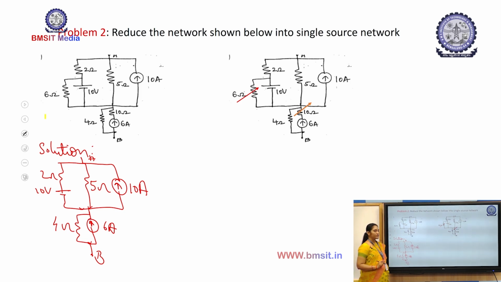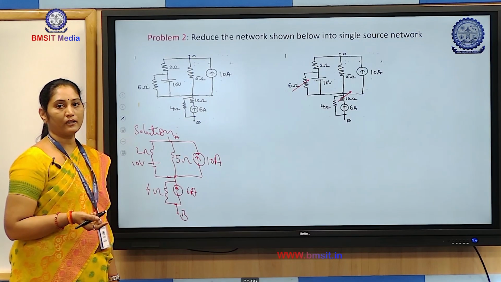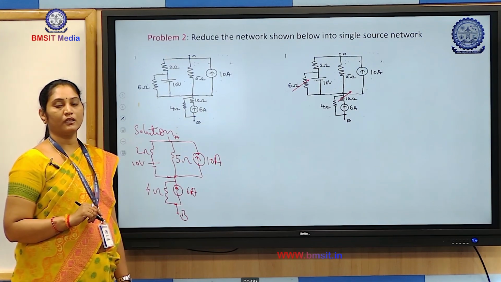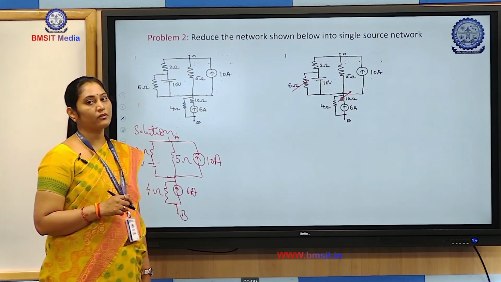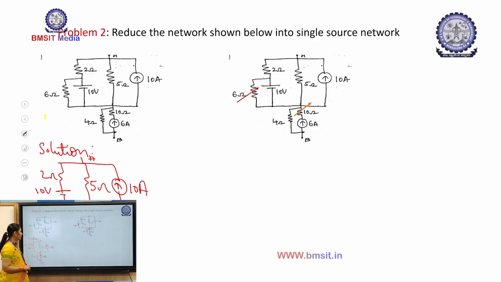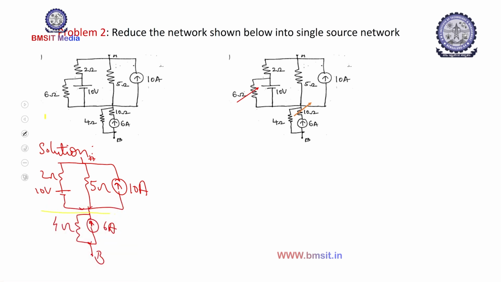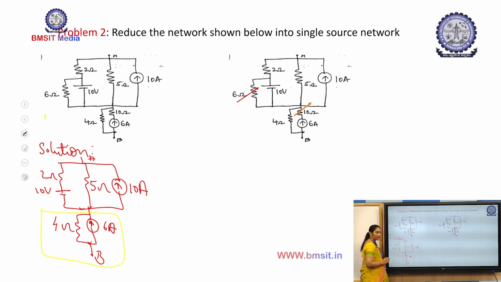Okay, the question says again you have to convert back into a single source. They have not mentioned whether you have to convert back into a voltage source or a current source. You can retain both, or you can choose any one of the sources to be retained at the end. So here you see, this is a practical current source, right?